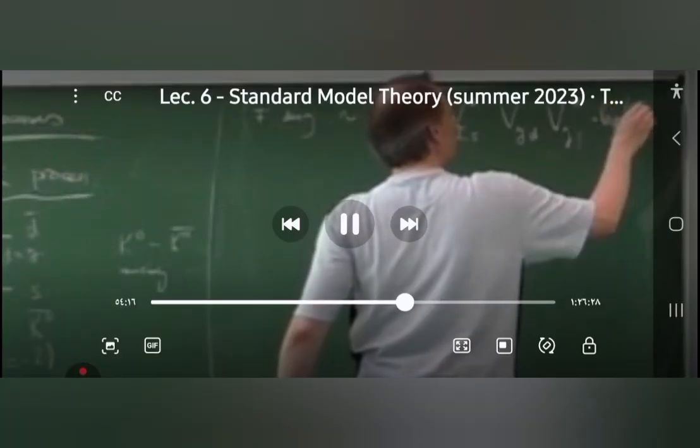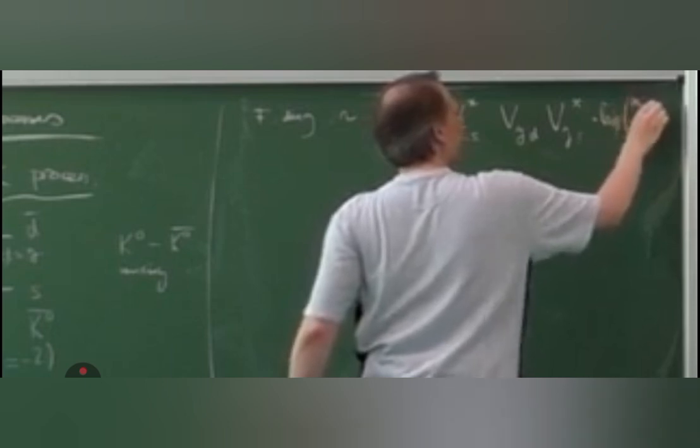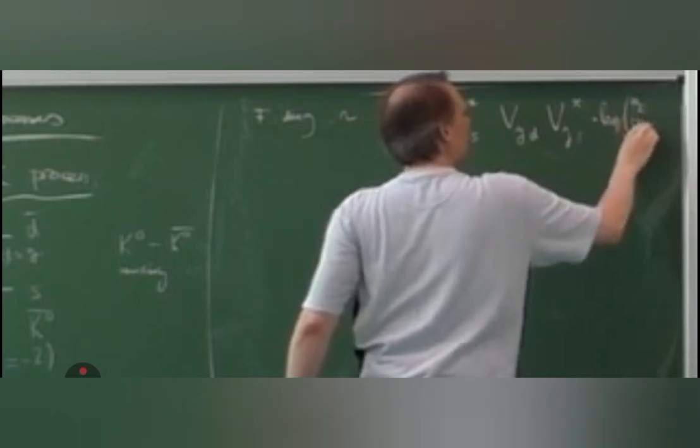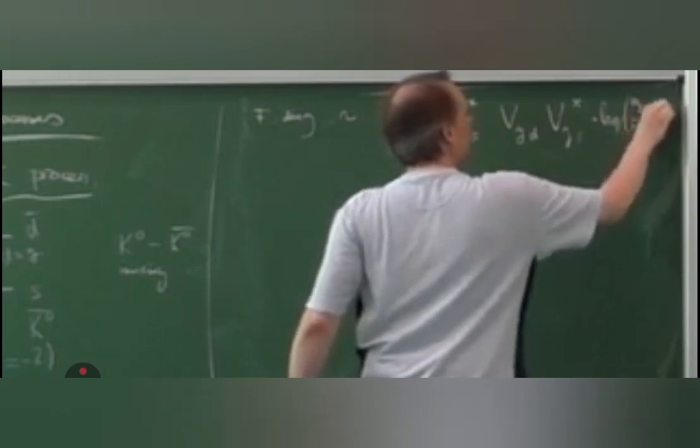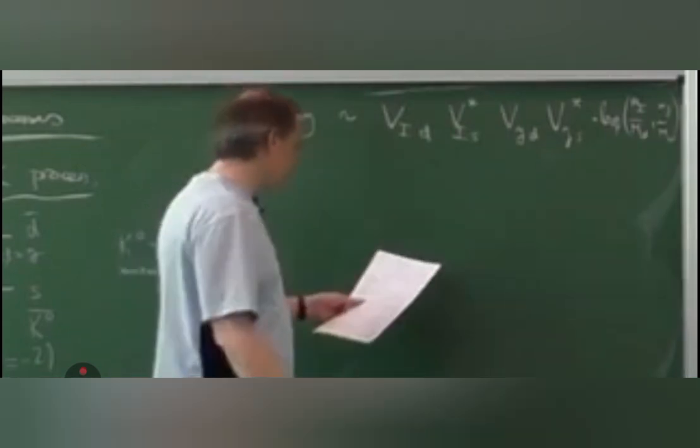Which masses appear in the loop? So let's simply say loop function which depends on the masses, and it depends on the masses m_i divided by m_W and m_j divided by m_W. So it will depend on some mass ratio of these particles.